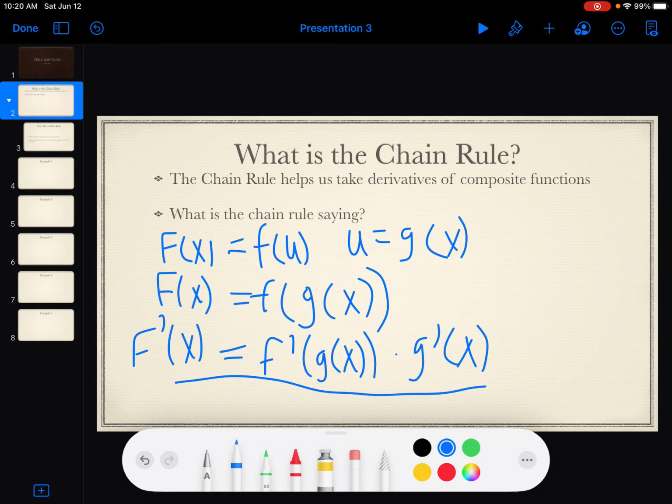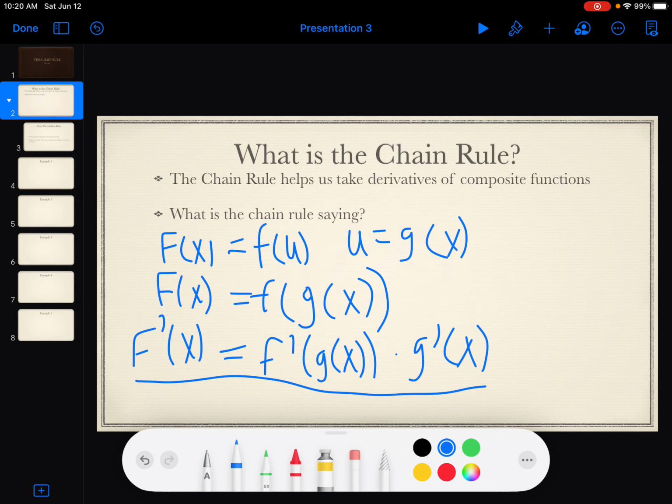So take a moment to digest that, because this is what the chain rule says. The chain rule is basically telling us, and listen carefully, because this is the meat of the video right here, that when you have a composite function, to take its derivative you take the derivative of the outer function and multiply it by the derivative of the inner function.